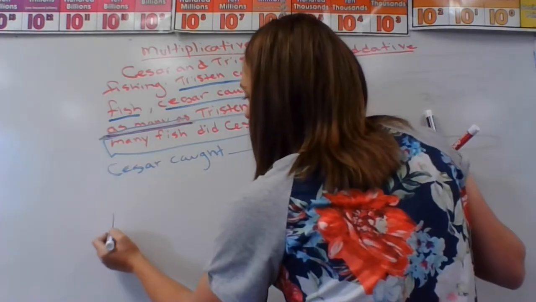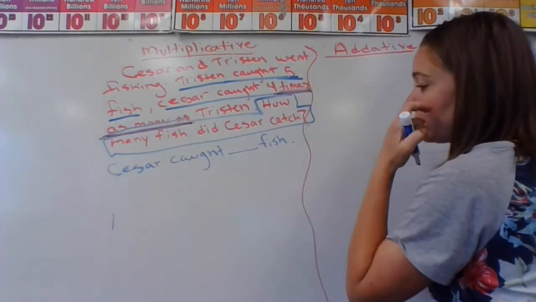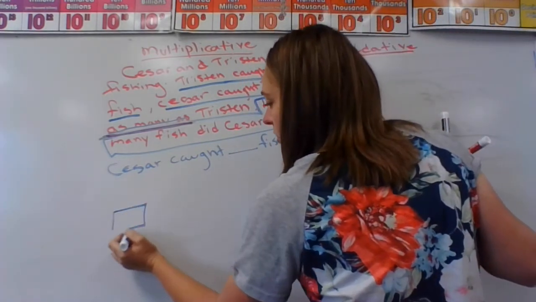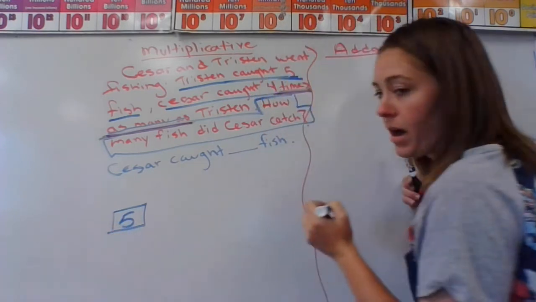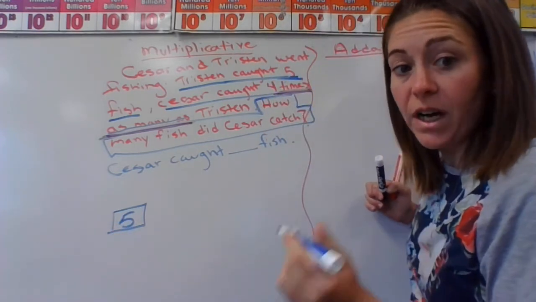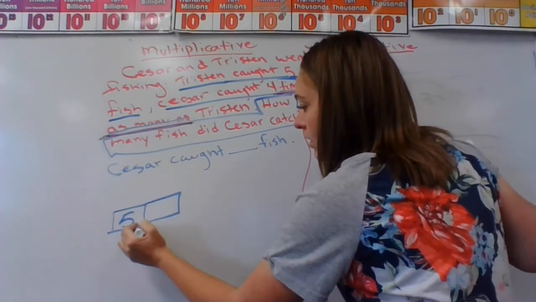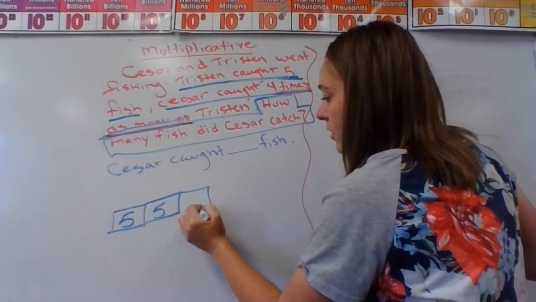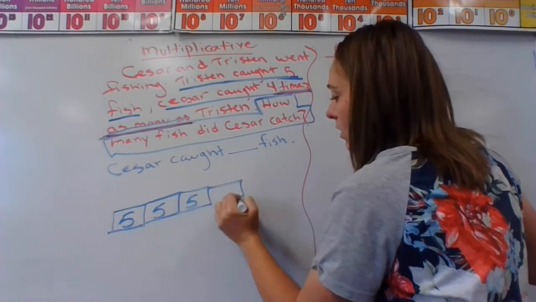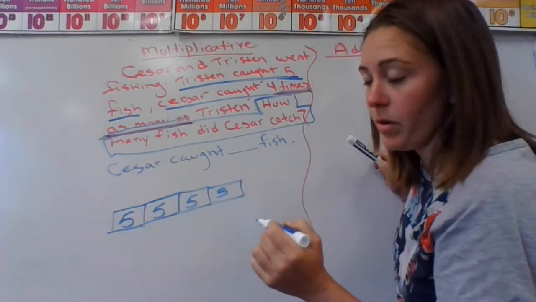So first I'm going to draw out what Tristan caught. Tristan caught 5 fish, okay. That's one box here. I know that Caesar caught 5 times that, or sorry, 4 times that. So that's 1, 2, 3, 4. So that would be Caesar's box.